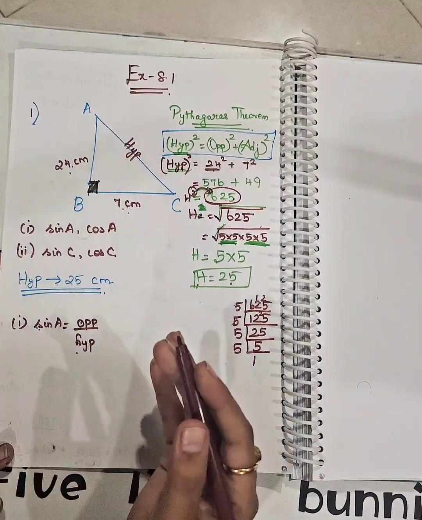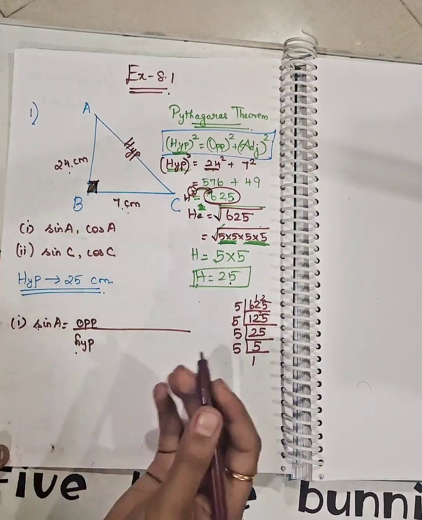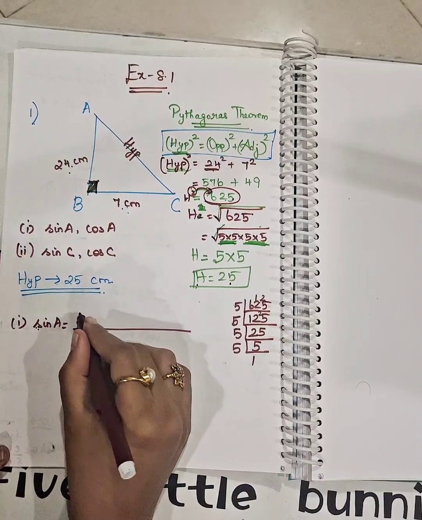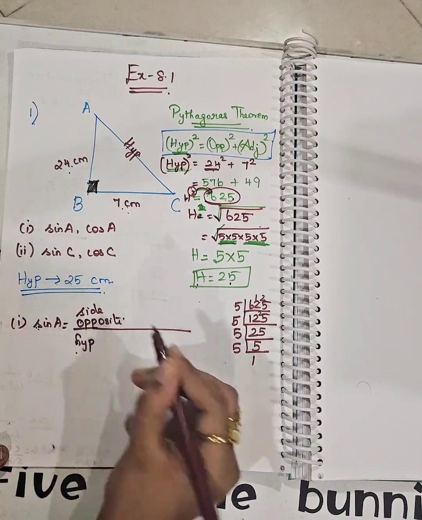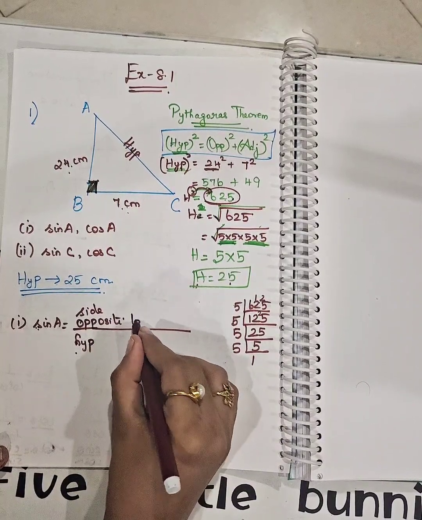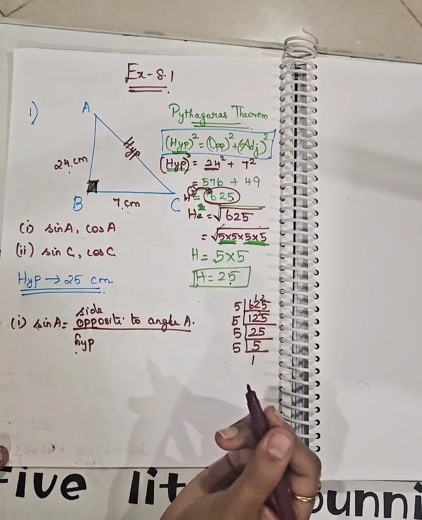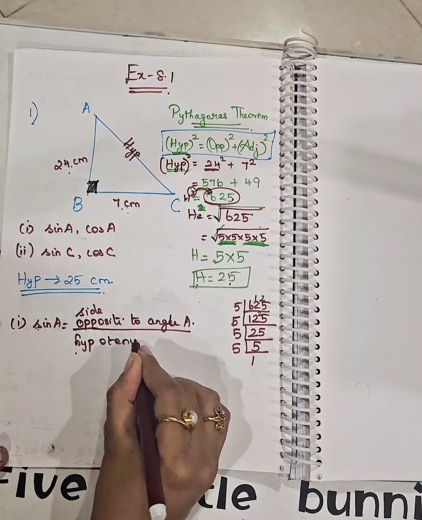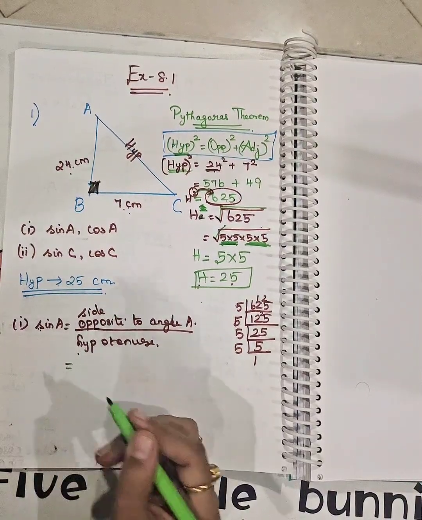To not miss the step mark here, you should always write in full form: the side opposite to angle A, divided by the hypotenuse. Hope you can understand, students. This is from the examination point of view.